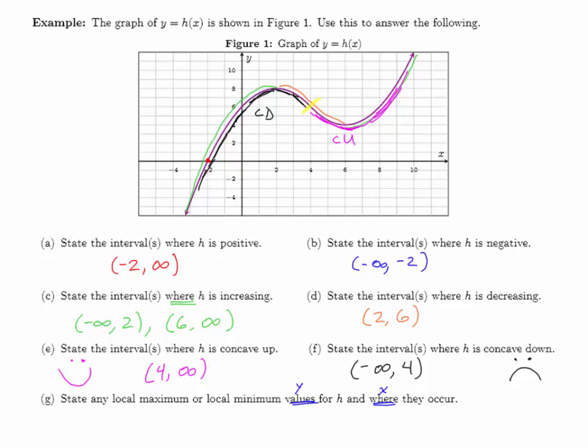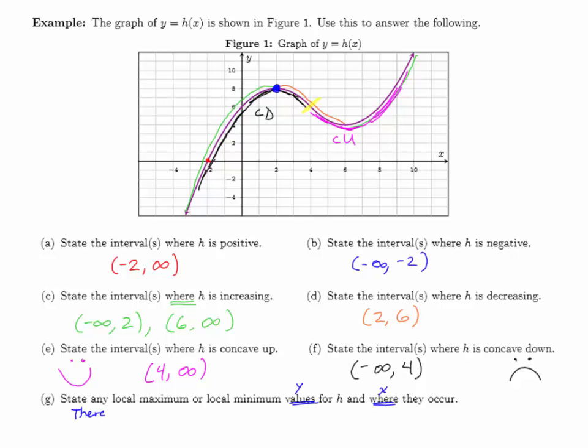So when we state our local maximum value, let's do that one first. This needs to be a y value that's higher than all of the y values that surround it. So I can see at this point (2, 8) there's that little peak on my graph. And so the local maximum value there will be 8, and that's occurring at 2.